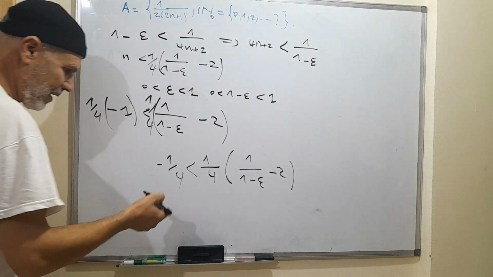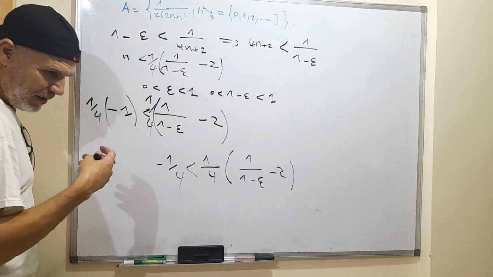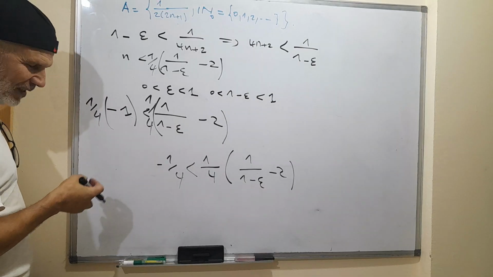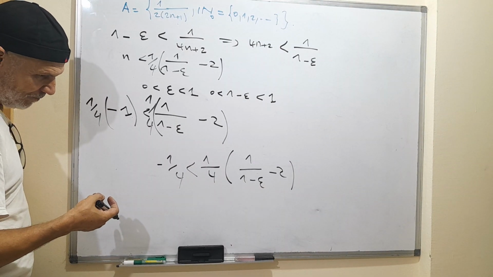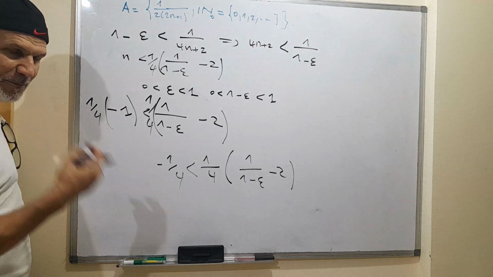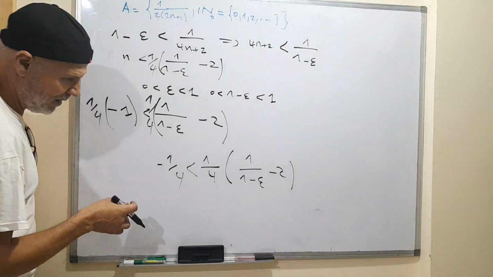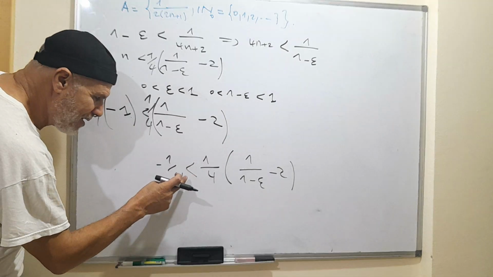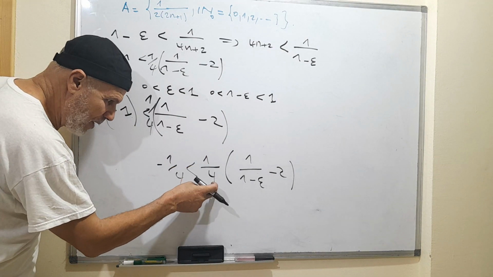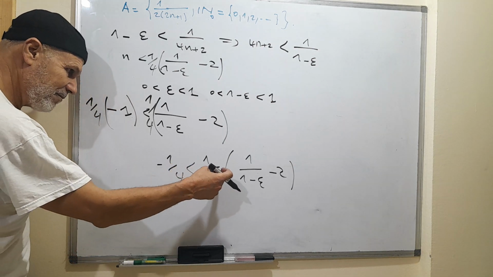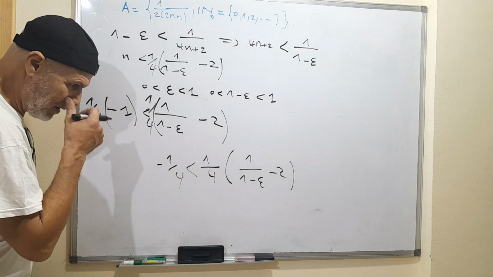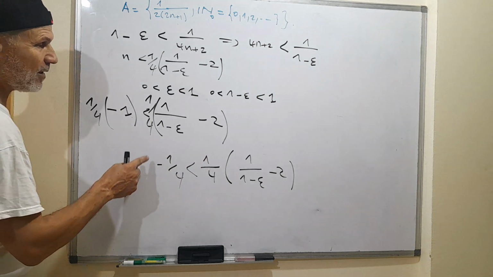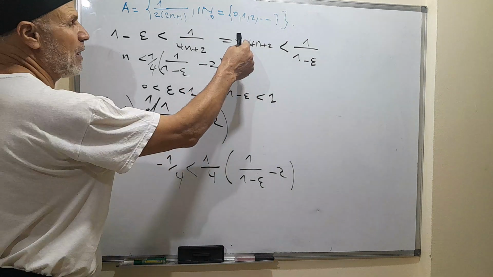This means that we are unable to find a natural number which is less than this one, since this may be negative. For this reason, we cannot state that 1 is a supremum.